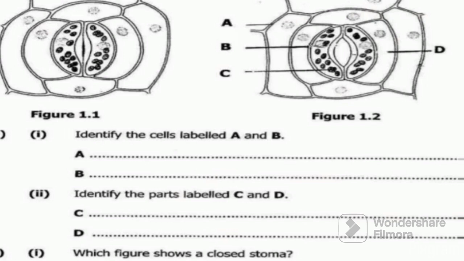Since these guard cells are found in a leaf that needs light, the light is absorbed in the chloroplast. Those chloroplasts contain chlorophyll needed for photosynthesis. So the part labeled C is the chloroplast, and the part labeled D is the epidermal cell.